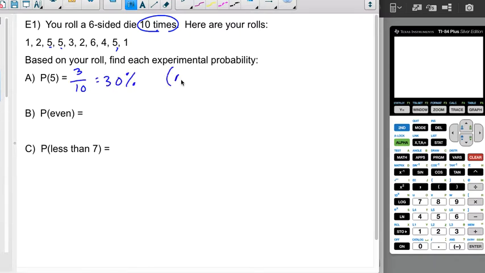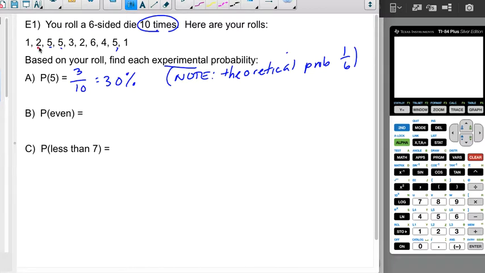Now, it's worth noting that the theoretical probability would be 1 out of 6, because one side of this 6-sided die is a 5. But here it's 3 out of 10 because I got 5 more times than you would necessarily expect. What's the probability that I got an even number, the experimental probability, based on my results?